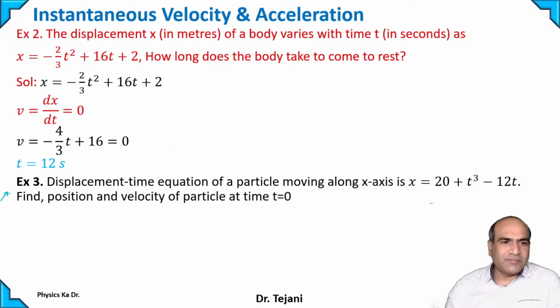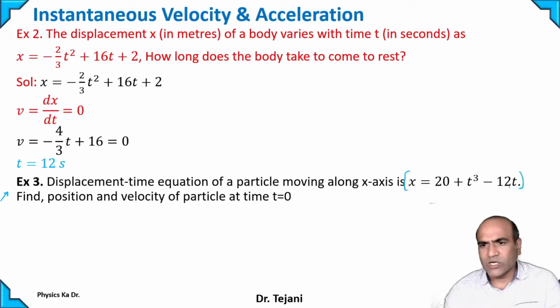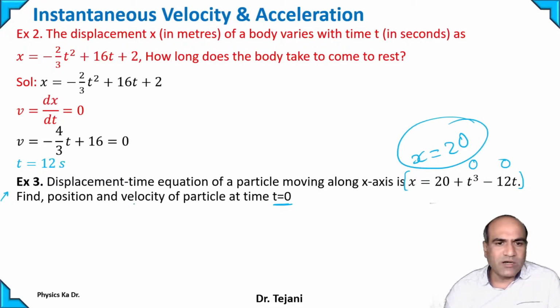Another example. Displacement time equation of a particle moving. That is just a story. Here the equation starts: x is equal to 20t cube minus 12t. Find the position, that means the position at time t is equal to 0. So you can directly put t is equal to 0 here, and position x is equal to 0. So the first one is very simple, but we also require velocity.